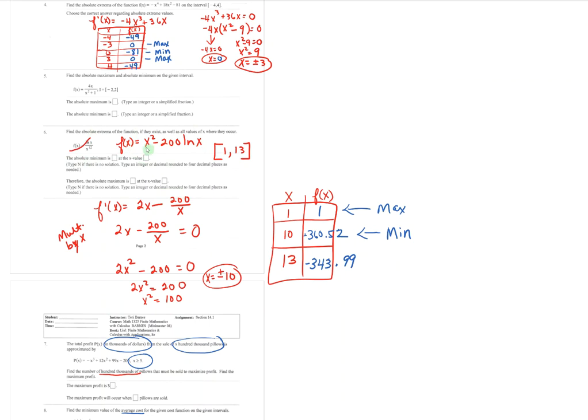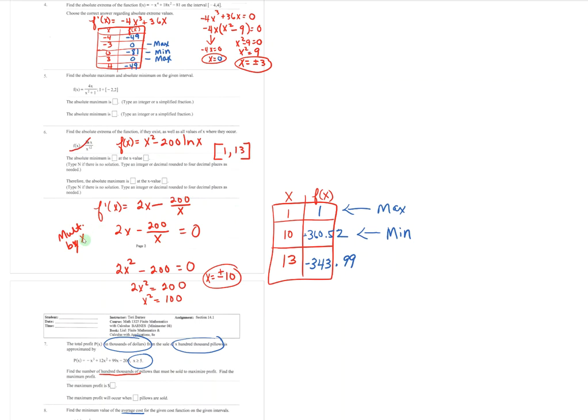So f of x equals x squared minus 200 ln x on the interval from 1 to 13. So the derivative of this is 2x minus, remember the derivative of ln x is 1 over x. So you have 200 over x. Now we're going to multiply by x to get that fraction removed.